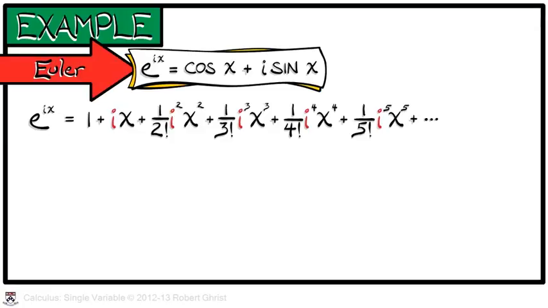Then it appears as though there are some simplifications that we could do. Recall that by definition, i squared, the square root of -1 squared, must be -1. Therefore, if we look at i cubed, we have to get -i. And i to the 4th, being i squared squared, must be equal to 1.